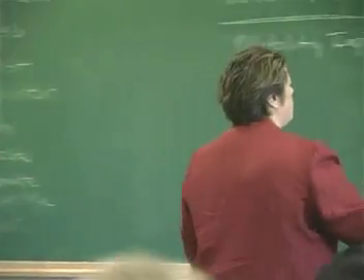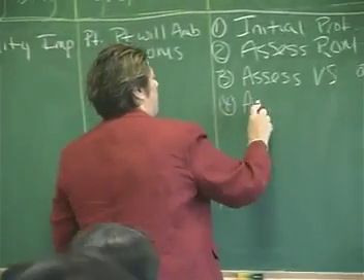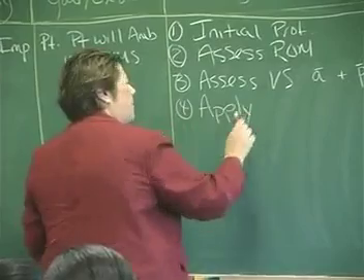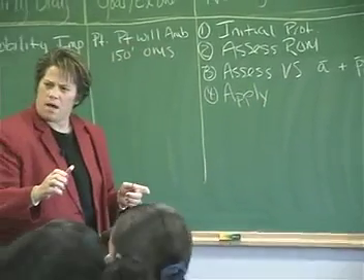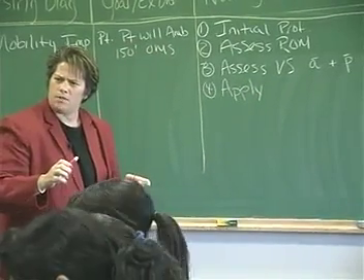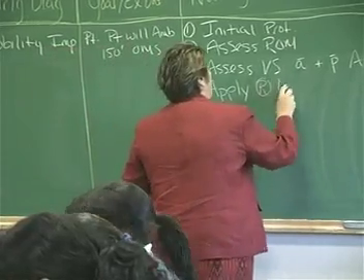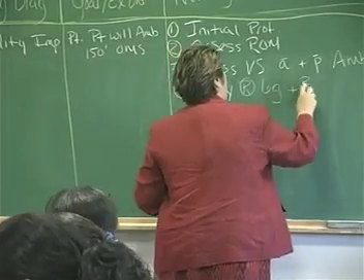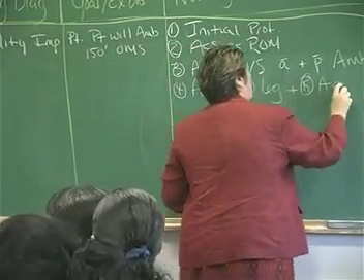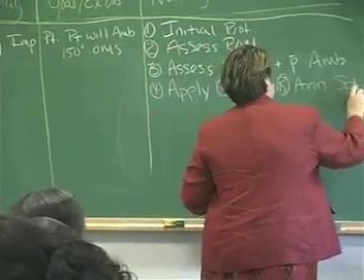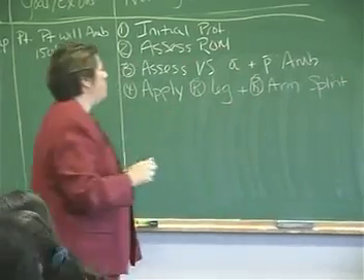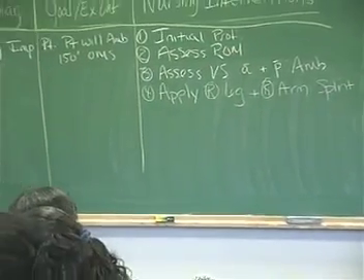Okay, so we want to apply, and where were they? Right leg? Left leg? Someone look it up and see. Right leg and right arm, right? Okay, so apply right leg and right arm splint.